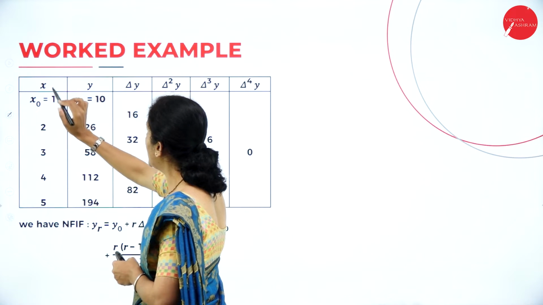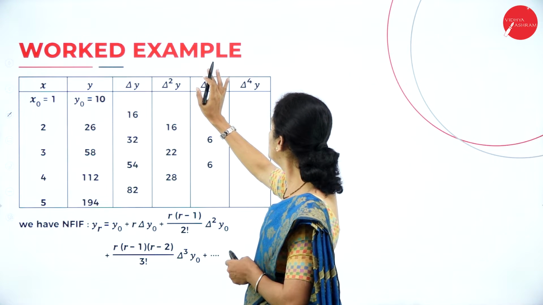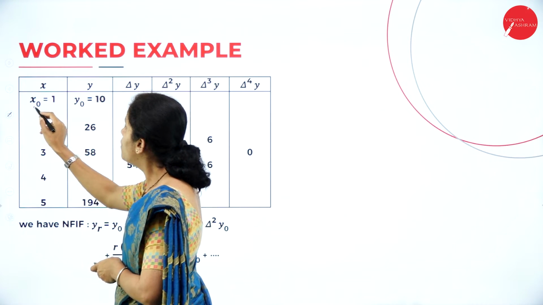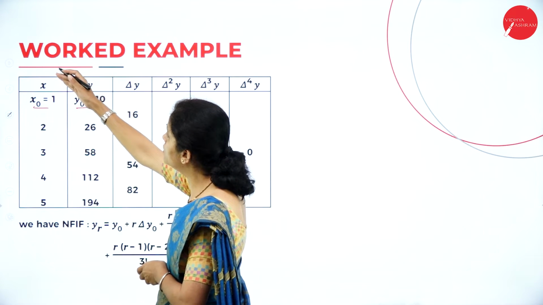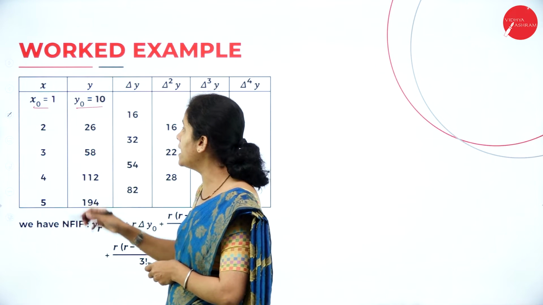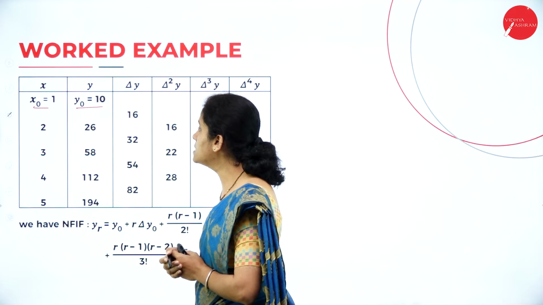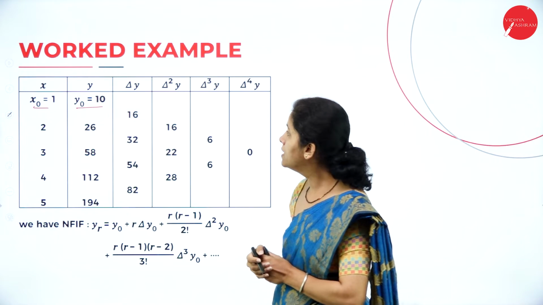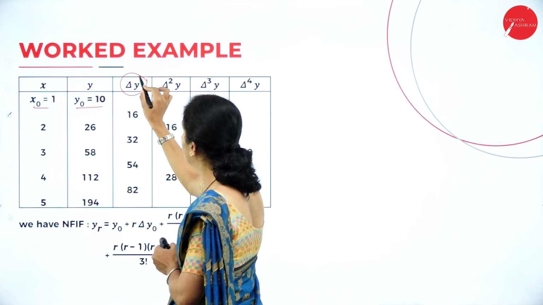So I have x, y, delta y, delta square y, delta cube y, delta 4 y, etc. So here y naught is 10 and x naught is 1. Now what I will do, I'm going to write the x value and y value as it is. So I'll write 1, 2, 3, 4, 5. That is y naught is 10, 26, 58, 112 and 194. Now see here, I want to find the difference in order to get delta.